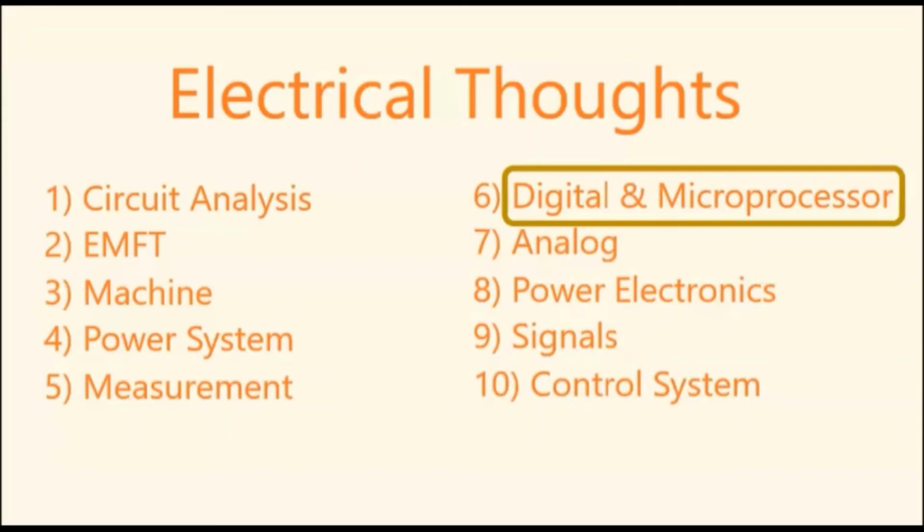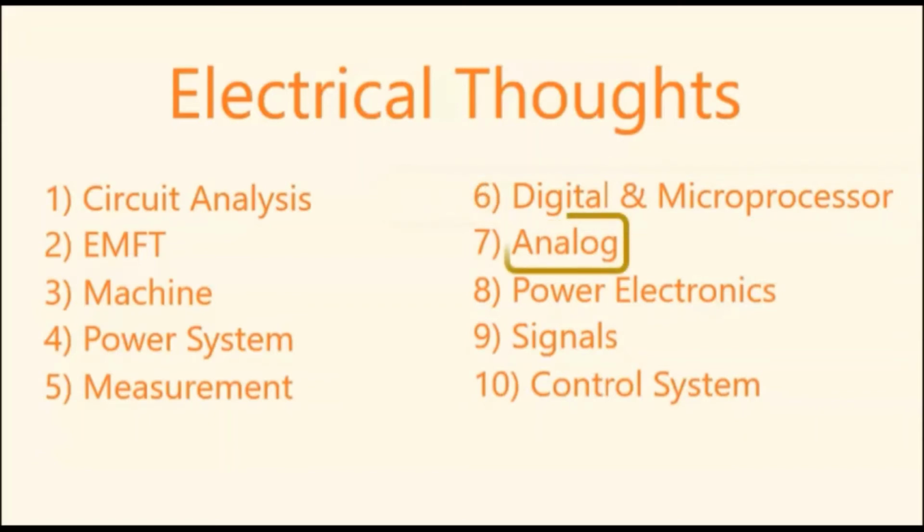Then we will have analog, which will have characteristics of diode, BJT, MOSFET and their applications, amplifiers, operational amplifiers and filters. After this, we will approach power electronics.